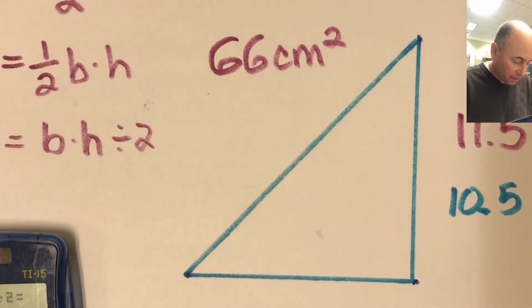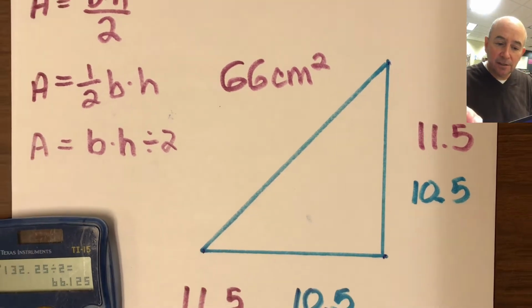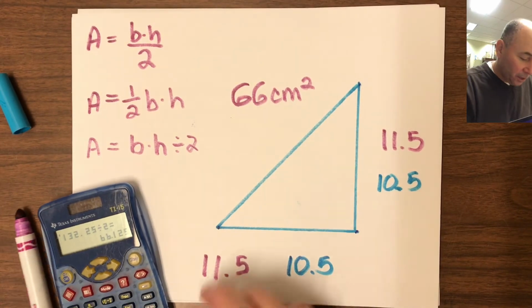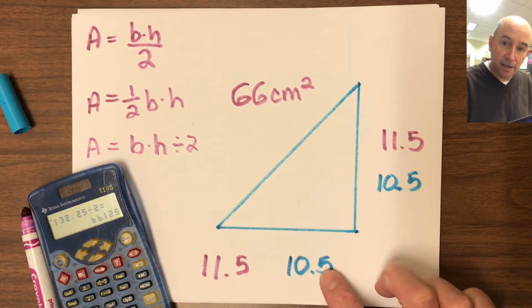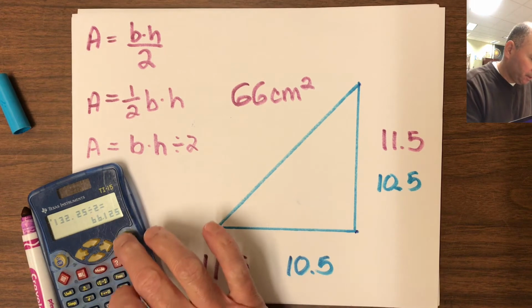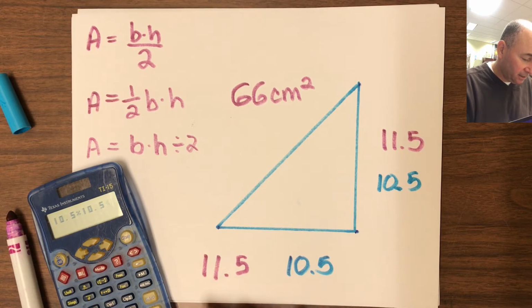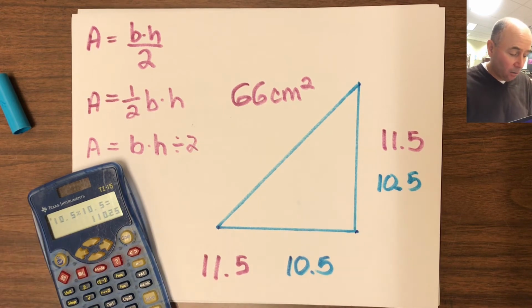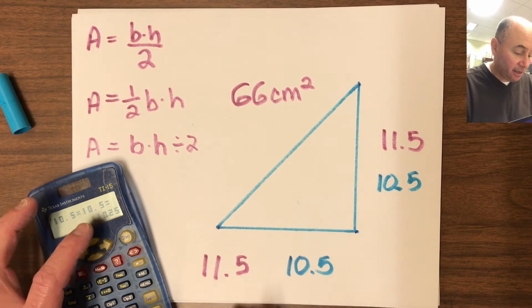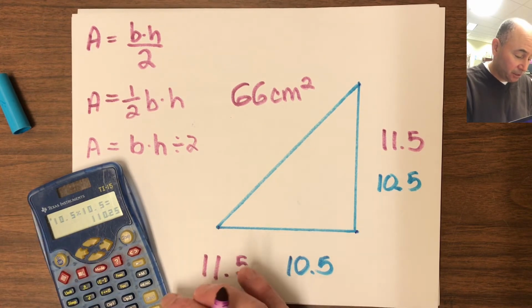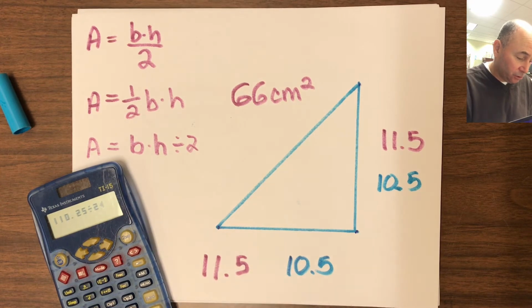Now let's see how this changes when I use the 10.5. I'm going to do 10 and 5/10 times 10 and 5/10. And wow! Now I have 110 and 25 hundredths, which I'm going to divide by 2.